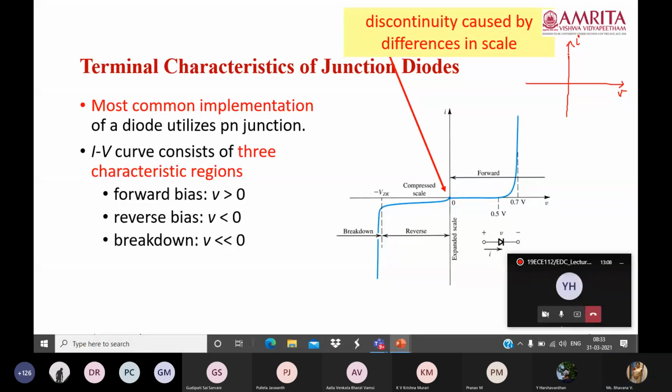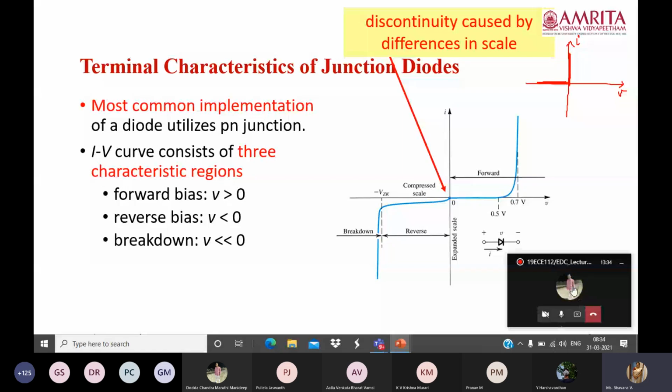Harshvardhan, forward bias: what will be V and what will be I? Forward bias will be on the y-axis, and reverse bias will be on the minus x-axis. Absolutely right. So this is the IV characteristics of an ideal diode.